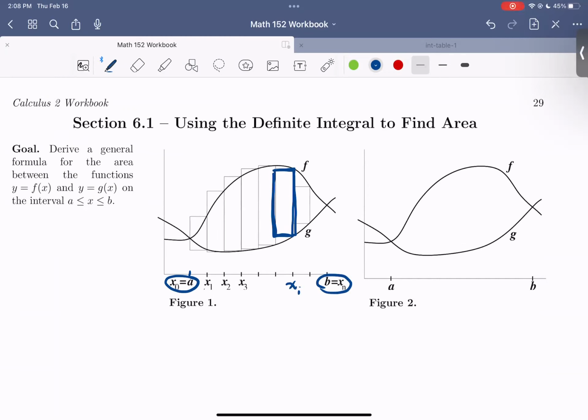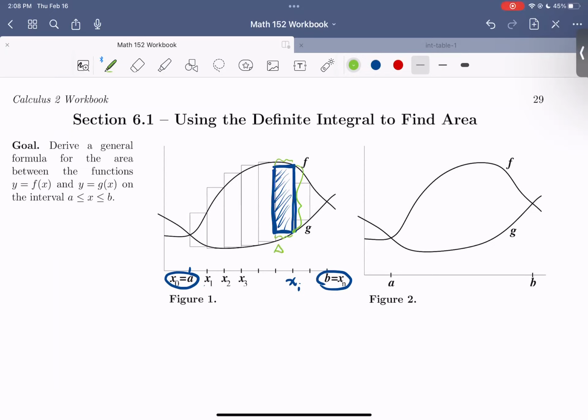We want to compute the width and the height of this rectangle. The width of this rectangle, we can just call the change of x. It's very typical of what we've been seeing before in subdividing an interval. So we'll call that delta x. Delta x is just the width of the rectangle.